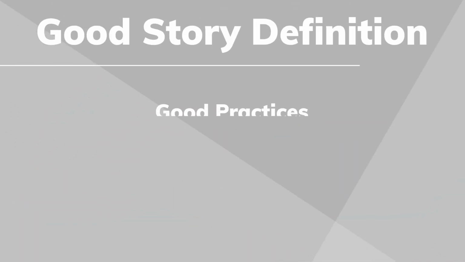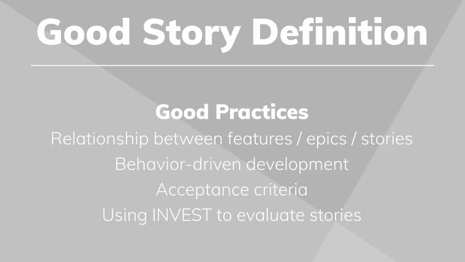Now with good story definition, the good practices here, there needs to be a relationship so that features and epics and stories make sense. Otherwise, you pop out a story for a user and you go, hey, look, here's our very cool ability to check the expiration date on a credit card. And they go, yay. Now, how does that work to anything that I actually want and that I'm actually going to be able to use?